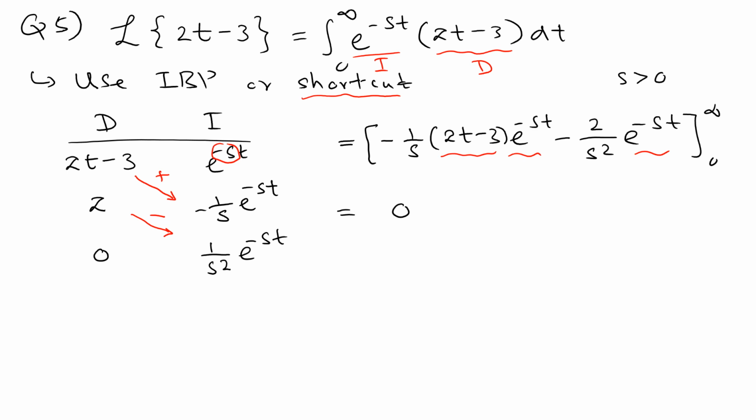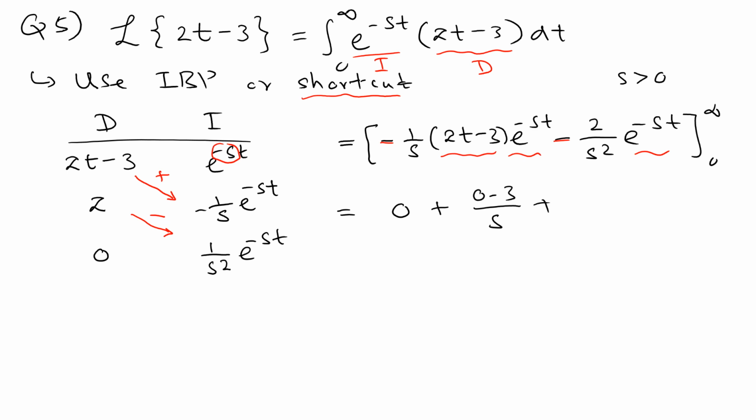And then when you plug in the 0, you know that e to the negative st is going to give you 1. So because of 1, you only get the other terms. From the first one, you can see that there is a negative sign, so because of the negative sign, the second term is going to be positive, plus. And when you plug in 0, it is 0 minus 3 over s from the first term.